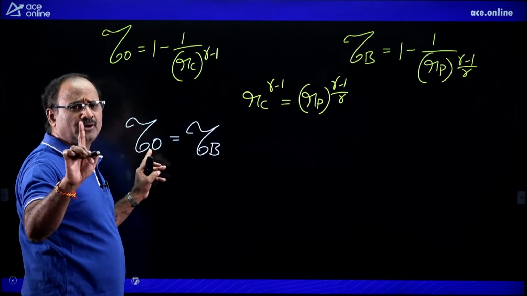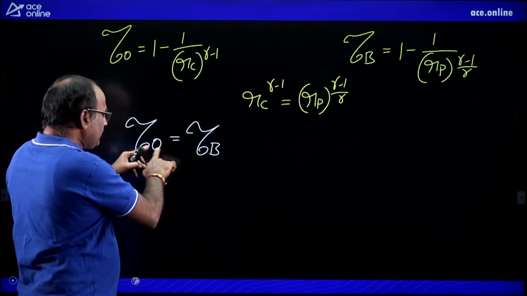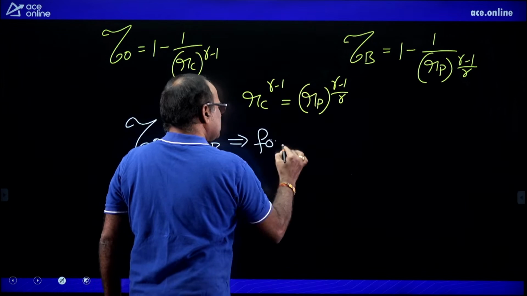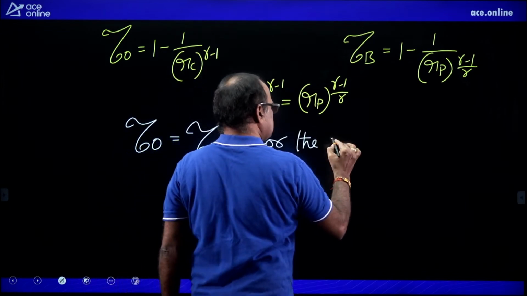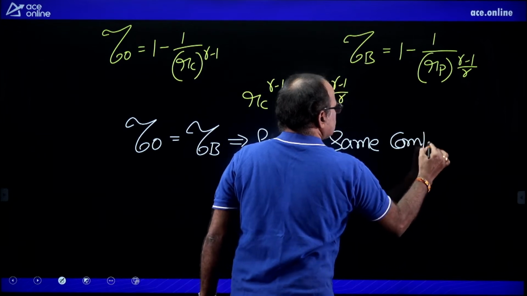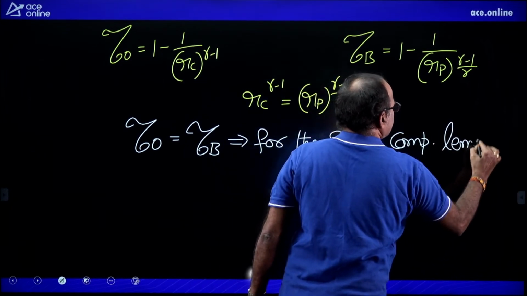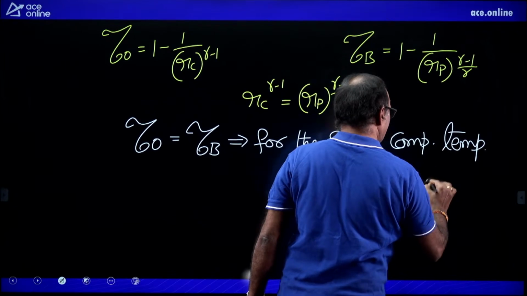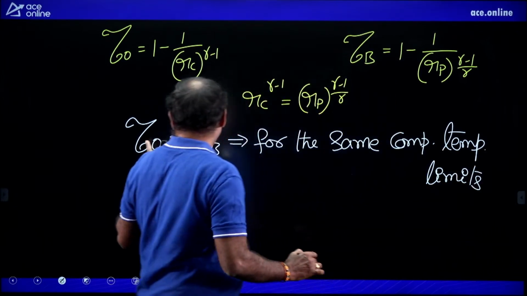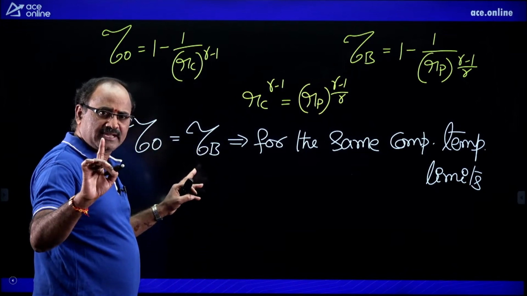This is very, very important information. Otto cycle efficiency is equal to Brayton cycle efficiency for the same compression temperature limits. This is a very, very important point.